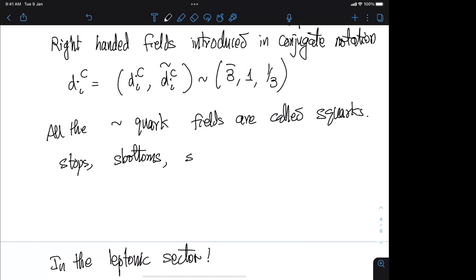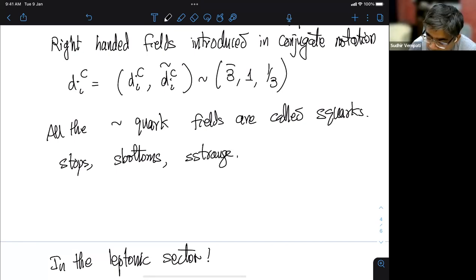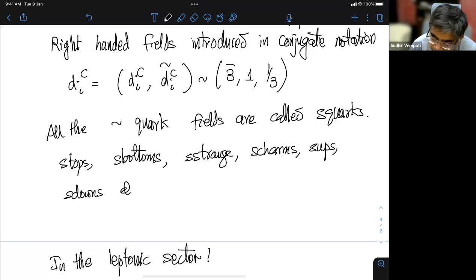Then you have strange, charms, ups, downs, etc.